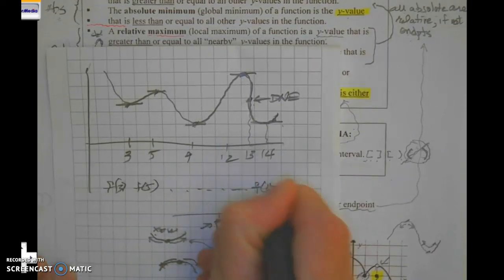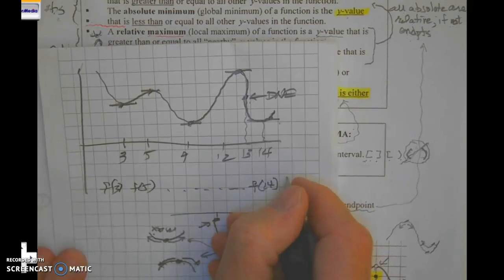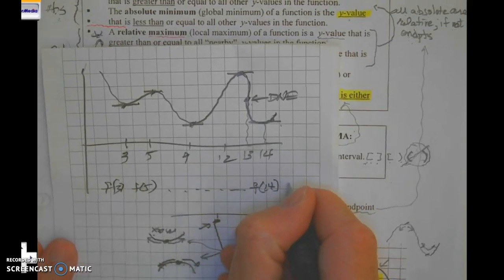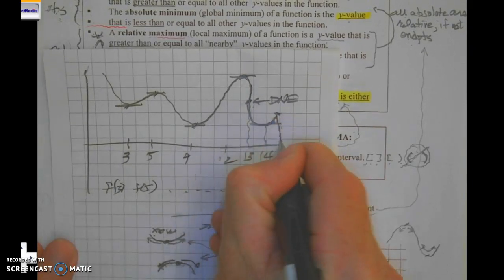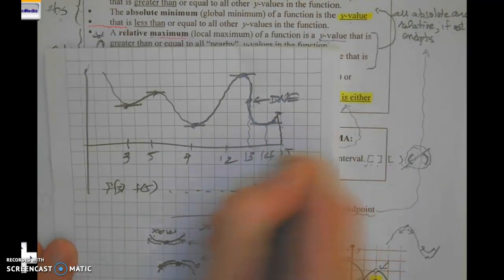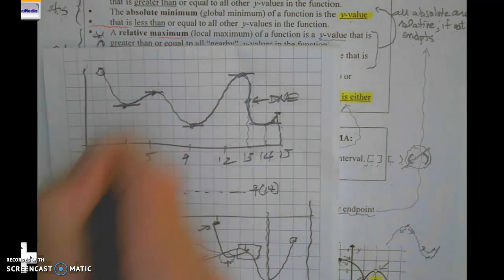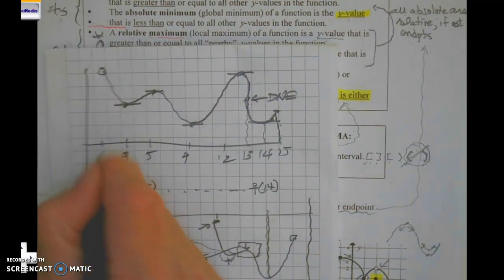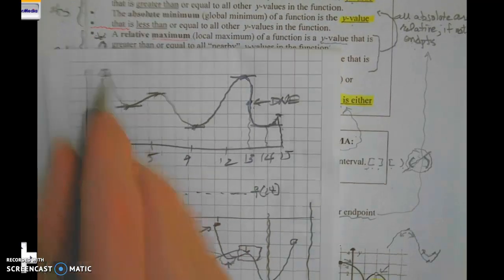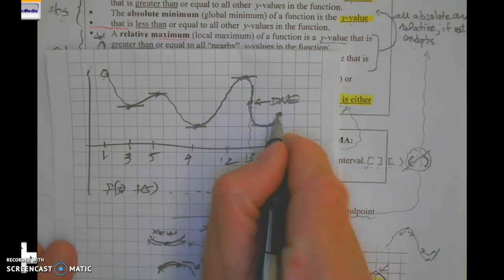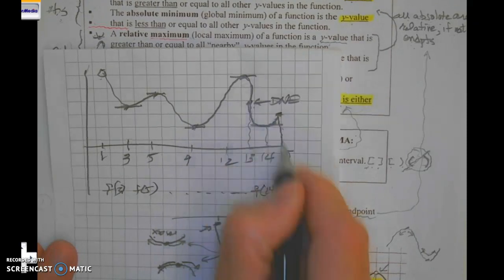But there's a little side note. You must check the final endpoint if there's a solid dot there. Let's say this is 15. Let's say that this is an open circle and that's located at 1. I don't have to check this one because nothing is there, but I must check this value right here because the function exists there.